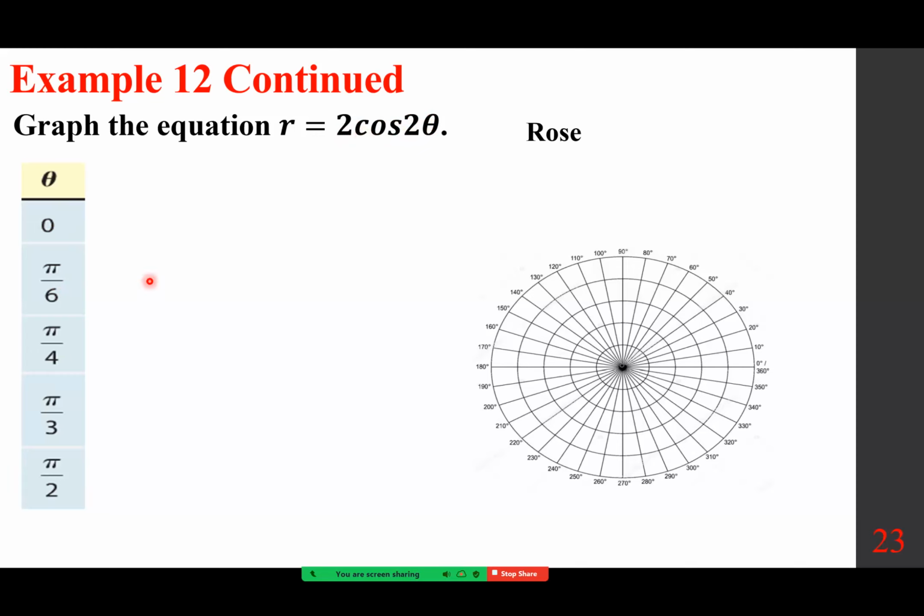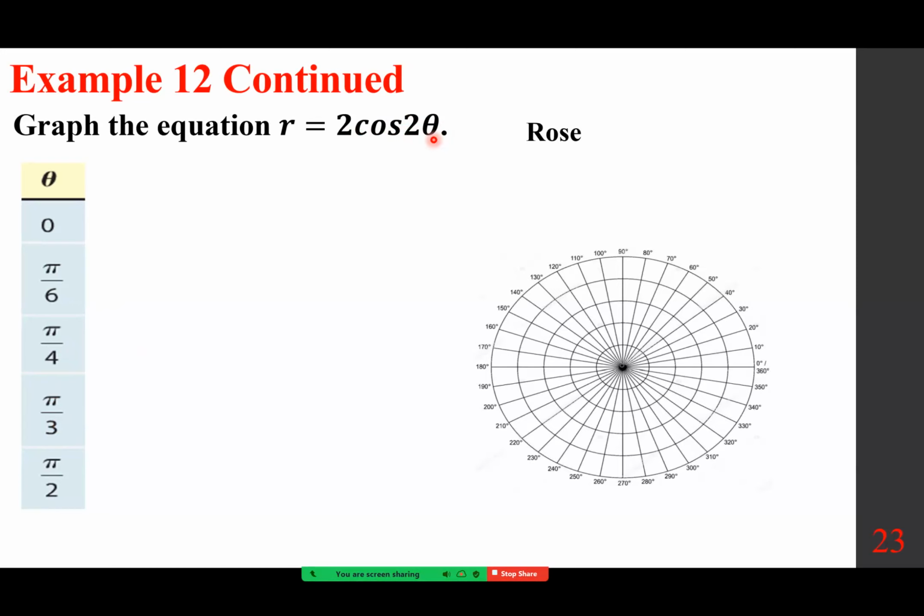Pi over 4 times 2 makes it pi over 2, which makes it 0. And cosine of 0 is 1, so that's 2. Pi over 3 times 2 makes it 2 pi over 3. Now 2 pi over 3. Pi over 3 cosine is positive 1/2. 2 pi over 3 is negative 1/2, times 2 makes it negative 1.